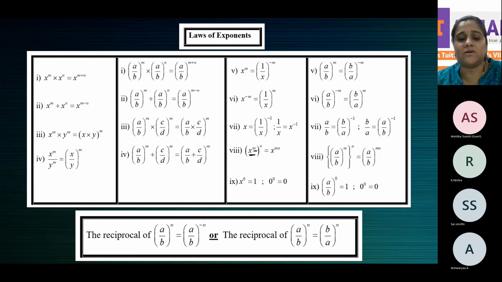x to the power m, the whole power n, is equal to x to the power mn, mn meaning multiply the powers, m into n. The same thing I've expressed here using a by b. If the base is a by b, raised to the power m, and the whole raised to the power n, it is equal to a by b to the power m into n.